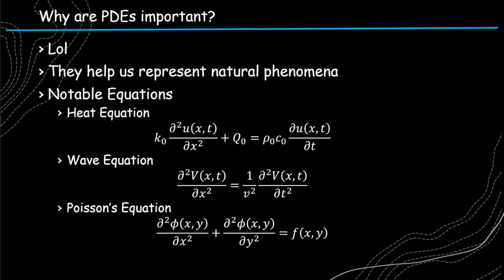Lastly, we have Poisson's equation, which can be used in electrostatics, fluid flow, and Newtonian gravity. All of these equations are represented in 1 dimension and sometimes 2 dimensions, but we can go to higher dimensions and still be able to solve them. The only difference is that you just repeat these steps over again.